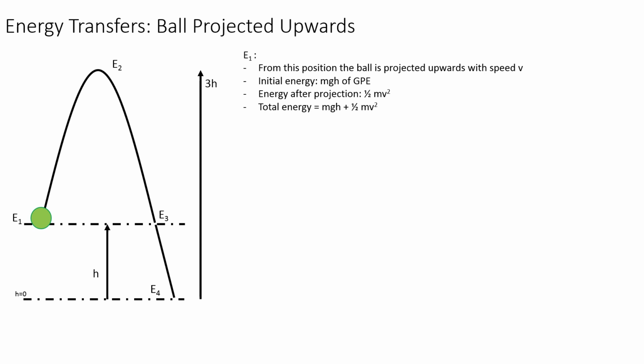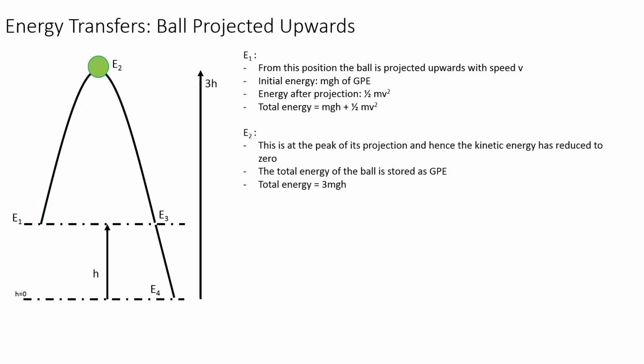And then the energy due to the projection of it, so it's being projected with a speed of v, obviously has a mass, we're going to consider that m. The kinetic energy that it's going to have then is half mv squared. So the total initial energy, should I say, is the summation of gravitational potential energy and kinetic energy. So it's mgh add half mv squared.